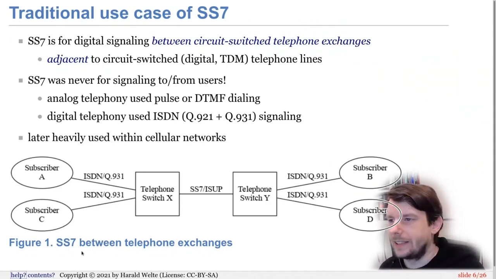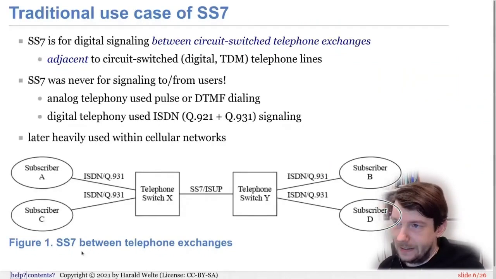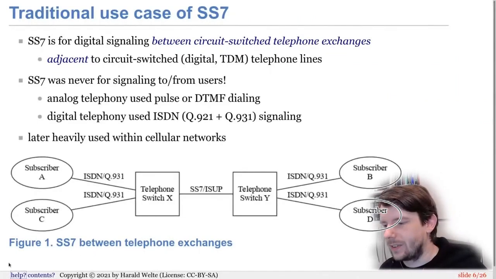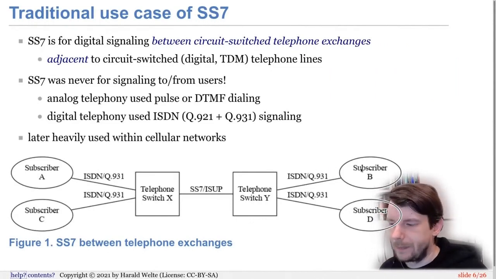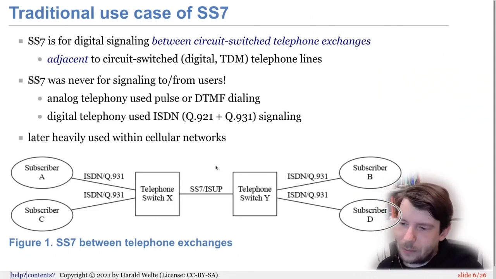And finally, at the remote end, the telephone switch Y in this diagram then again converts to ISDN Q931 signaling towards the subscriber. So it was never used on these subscriber interfaces, but between telephone exchanges and for circuit switched telephony. So we have to put this in context.